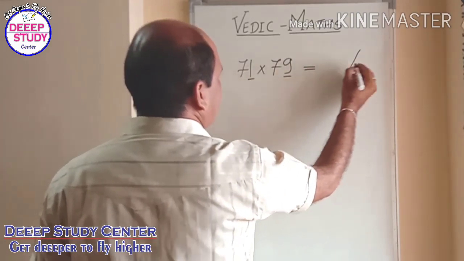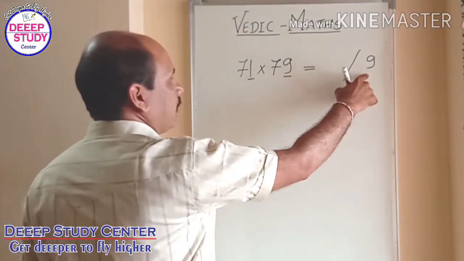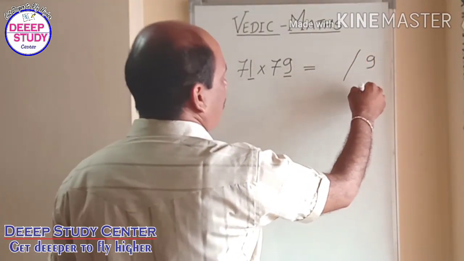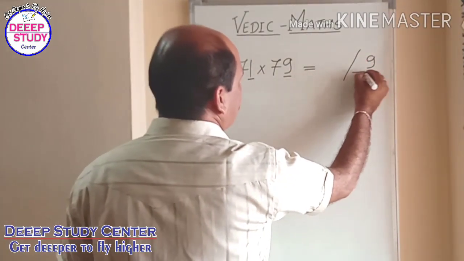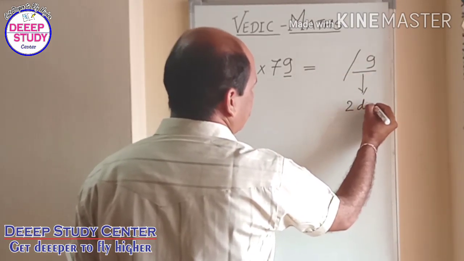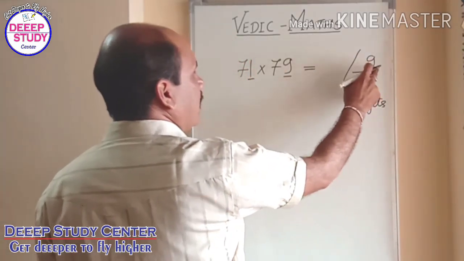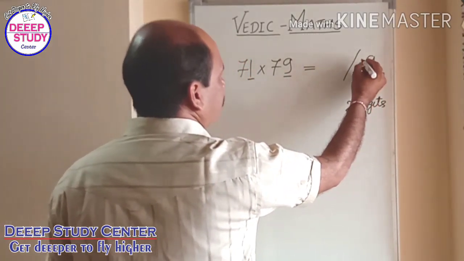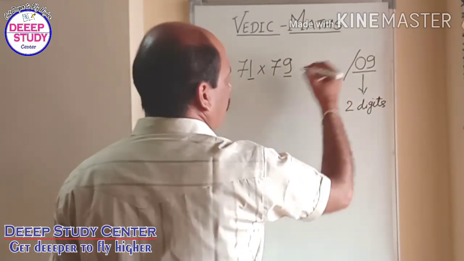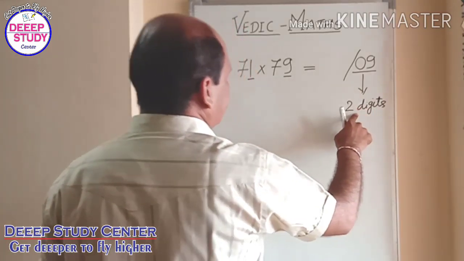So 1 multiplied by 9 is 9, but it is only one digit. We have to remember that on the right part there must be two digits. If there is only one digit on the right part, always put 0 before it. So it becomes two digits.